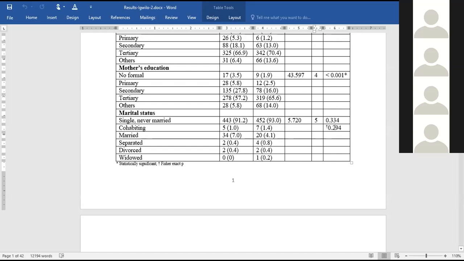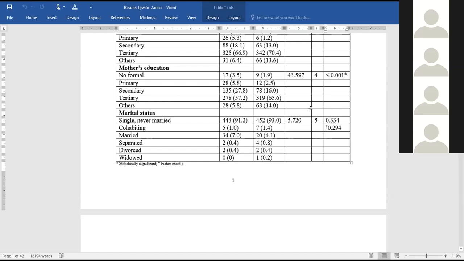We now put Fisher exact P. It is saying that Fisher exact P is being used because more than 20% of the cells have expected value less than 5. Sometimes you may even see one that has less than 1.